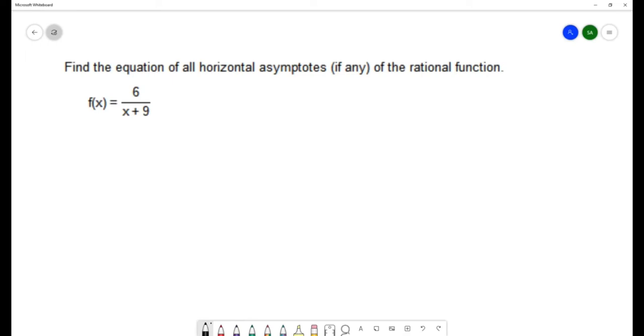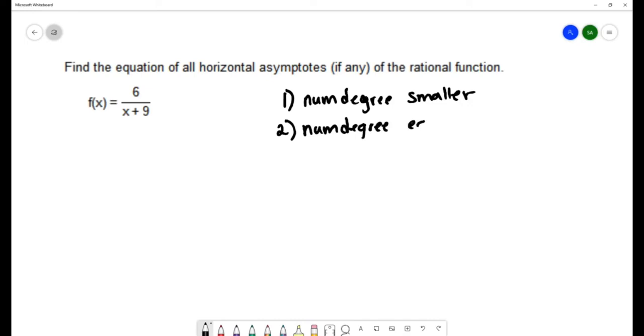So what we need to do is know what the cases are. In our cases, the first one is that the numerator degree is smaller than the denominator degree. In the next case, the numerator degree is equal or the same as the denominator.